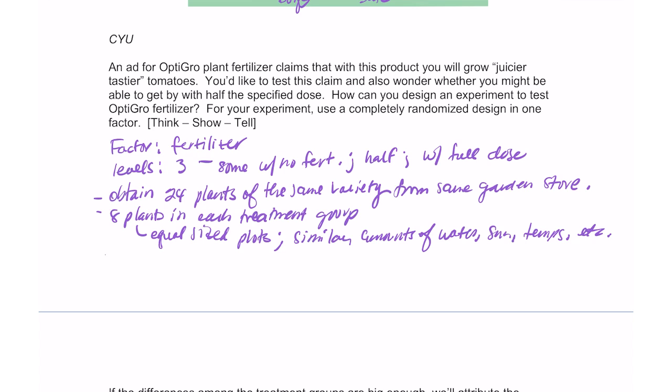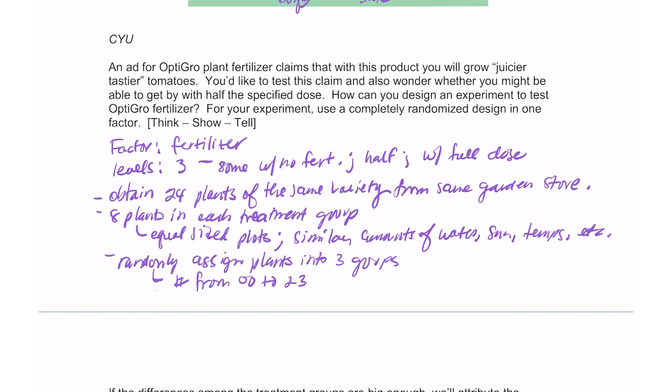And what we would do is we would randomly assign the plants into the 3 groups. Okay, and we talked about in chapter 11 ways you could do that. You could number the plants from 00 to 23.